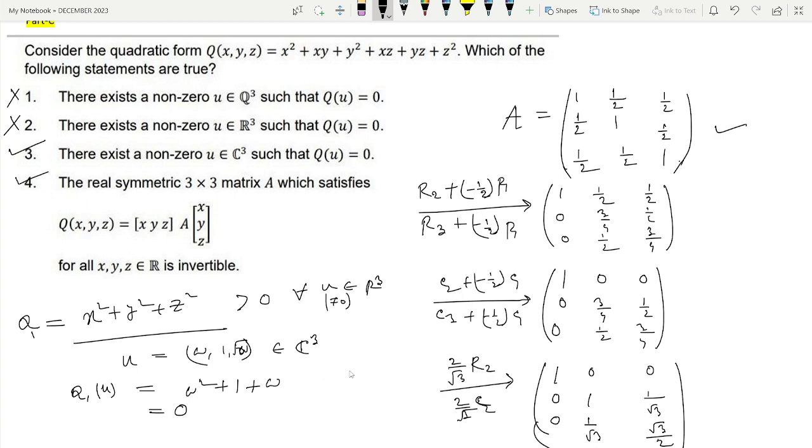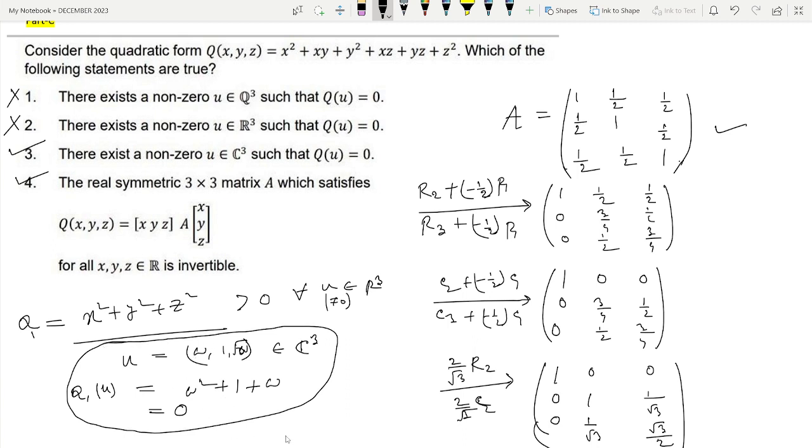So here option 3 and option 4 are the correct options, and also for option 3 again, we have found some u belongs to C3 such that Q1(u) is 0.